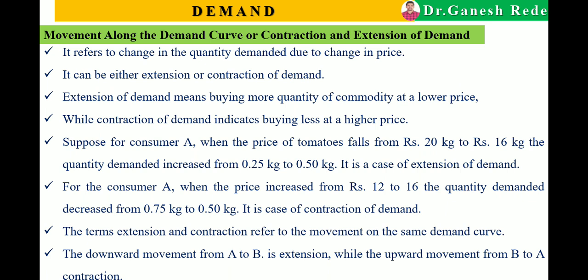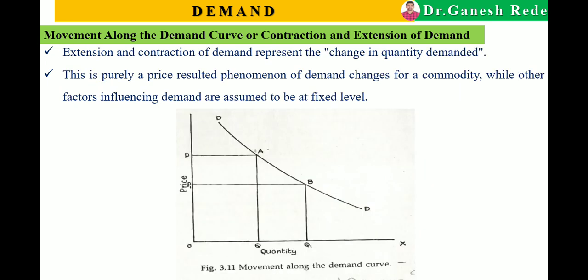Now, extension of demand means buying more quantity of a commodity at a lower price. What is extension? Buying more quantity of a commodity at a lower price. Here you can see the original price is P and the price falls from P to P1.